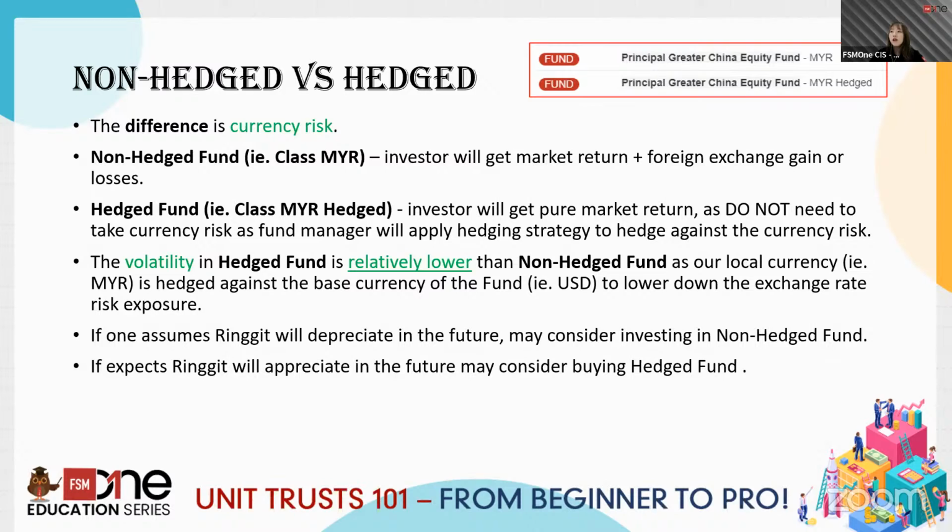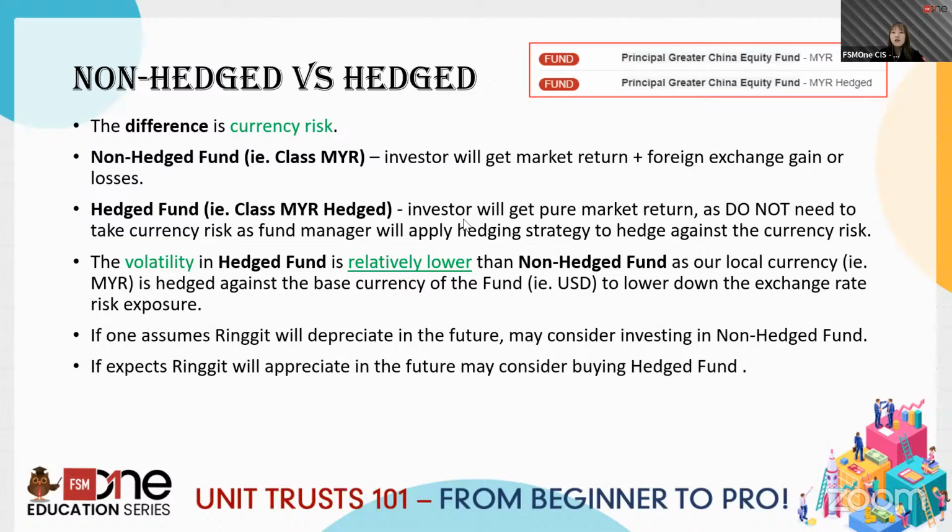Whereas for the MYRH class, which is the hedged fund, the class of the unit issued by the fund is denominated in Malaysia ringgit and aims to minimize the effect of the exchange rate fluctuation between the base currency of the fund and MYR. For the Principal Greater China Equity Fund, the base currency is US dollar.